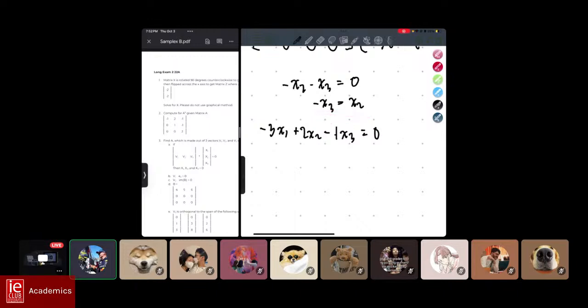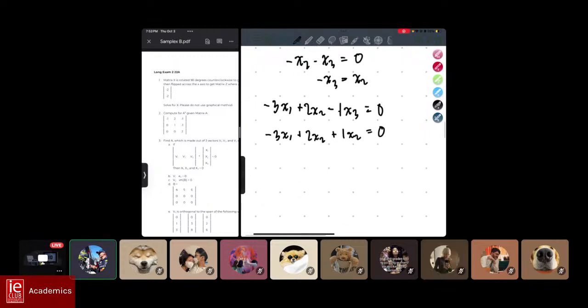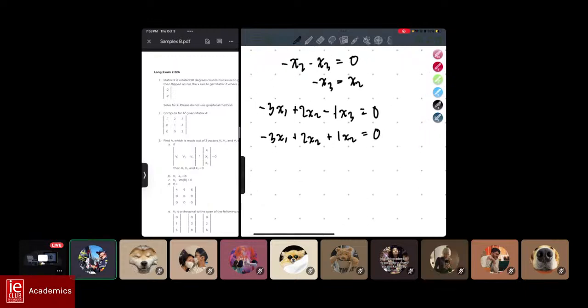And what we can do here is make it such that let's just replace x3, turn it into x2. So, magiging 3 x sub 1 plus 2 x sub 2 plus 1 x sub 2. I hope that makes sense. So, we just use this property, this information that we got. We use that to convert this negative x sub 3 into positive x sub 2 since they have that kind of relationship na, based on this.